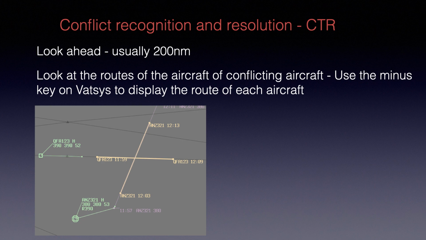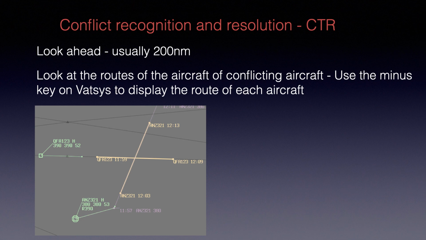You can see the conflict tool, that's right. You highlight one guy, you hit the conflict tool, and you highlight the next guy, and then this tan figure shows up. And you think, well, what does all that mean? Well, that's basically showing that if I was to give a climb to Air New Zealand, who has requested 390, and Qantas 123 is already cruising at 390, there's a conflict.